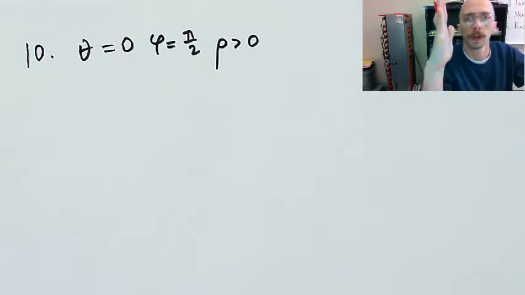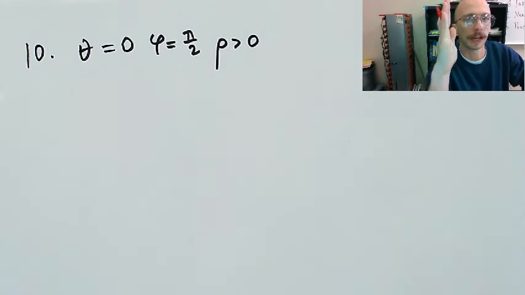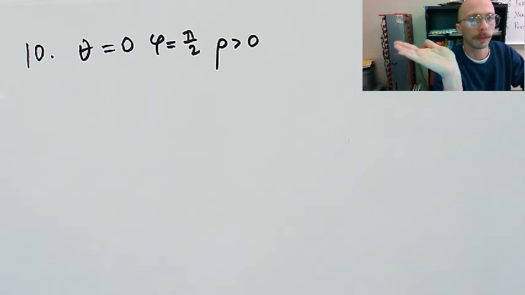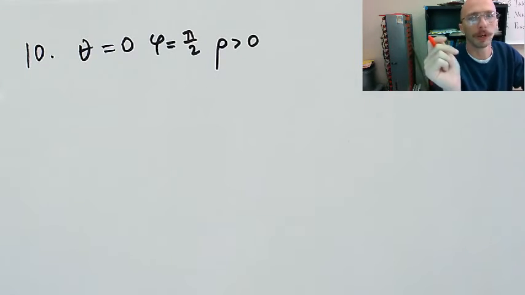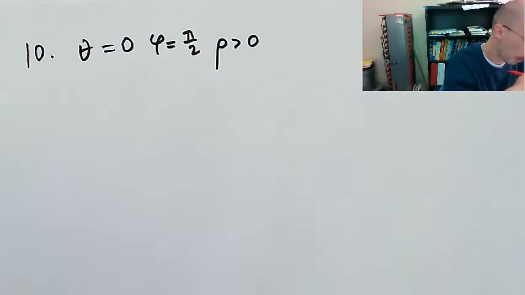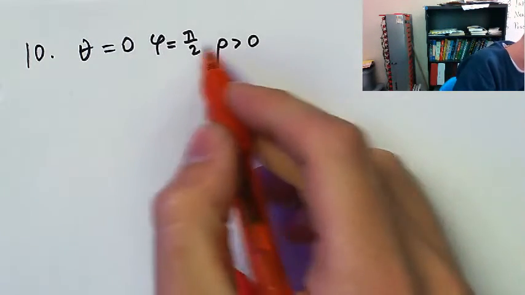Positive z-axis is phi equals 0. If it were to tilt down to pi over 2, that would be horizontal, basically where z equals 0. And then beyond pi over 2 and going all the way to pi, you're in the negative z territory.